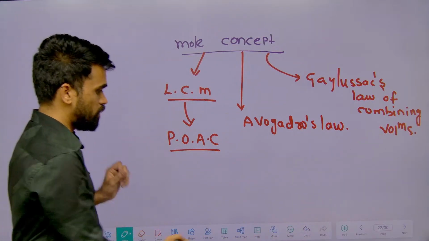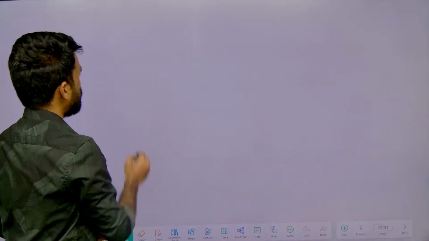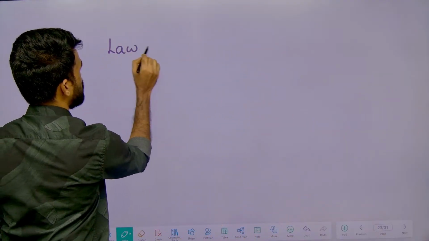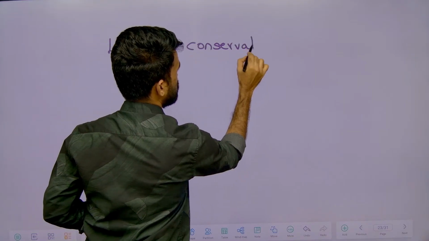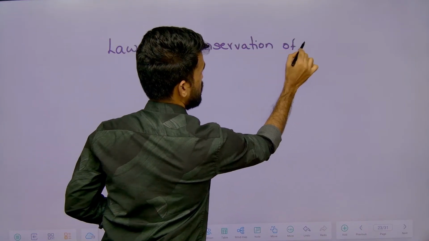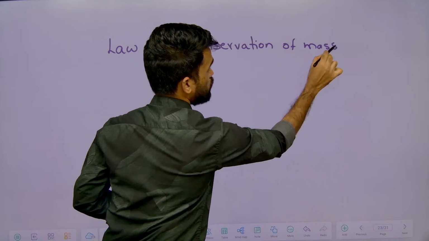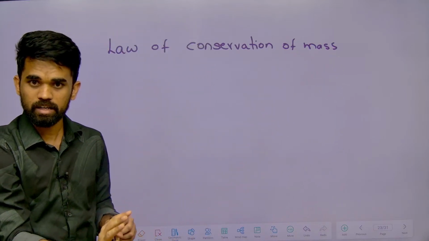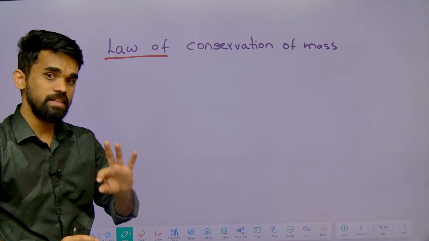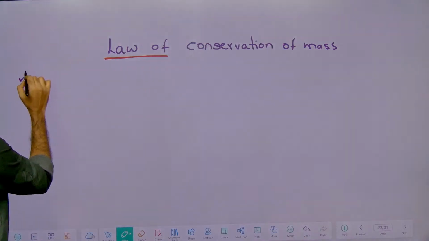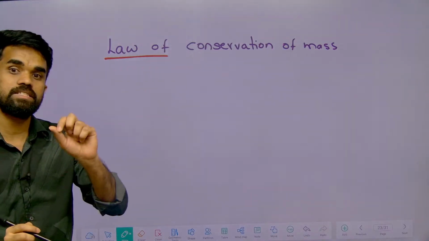First of all, just tell me, what do we mean by law of conservation of mass? Most of you are repeaters, so you have at least some basic idea on it. And when I say mole concept, there is a topic called stoichiometry.